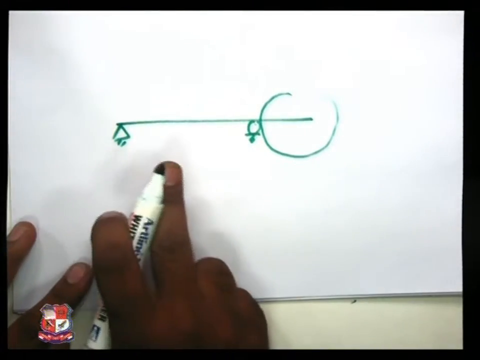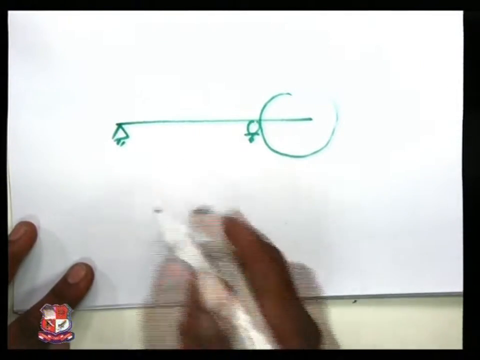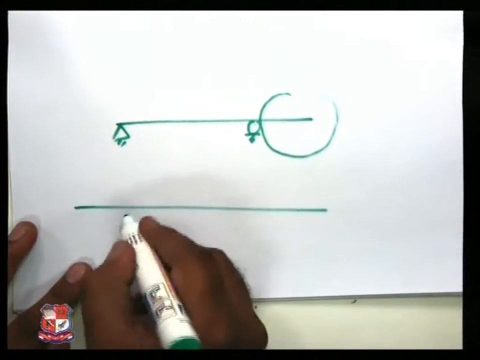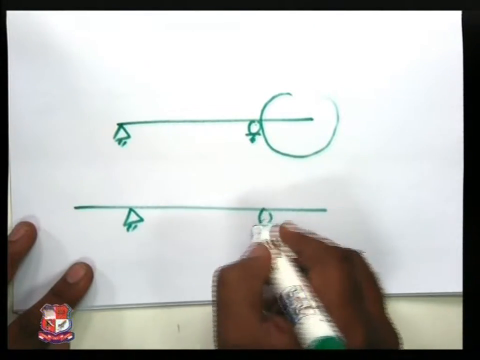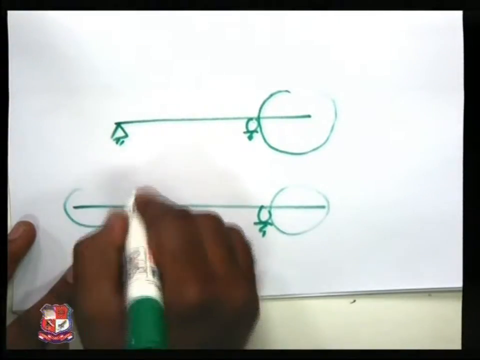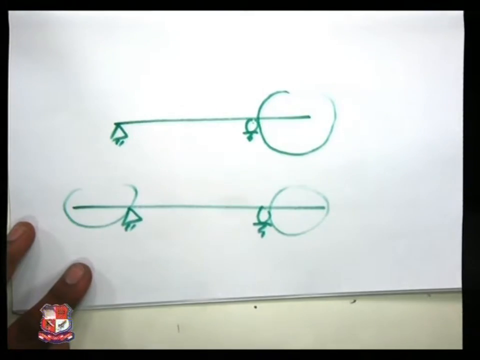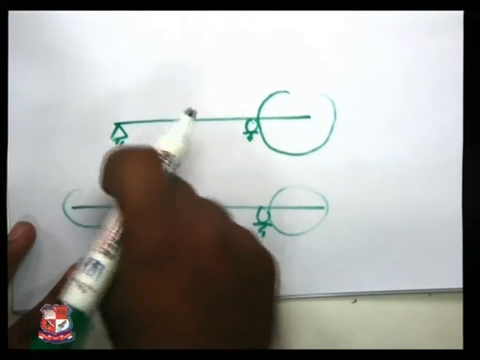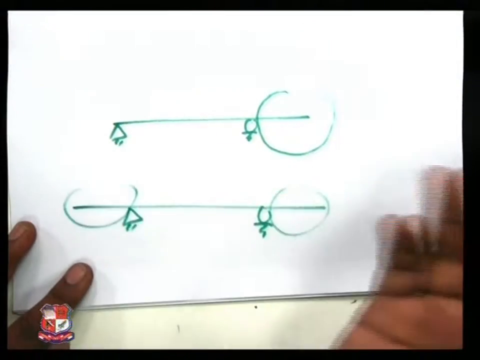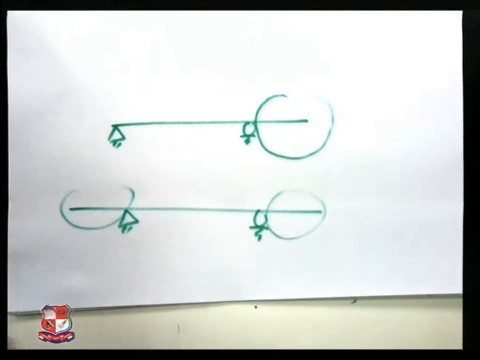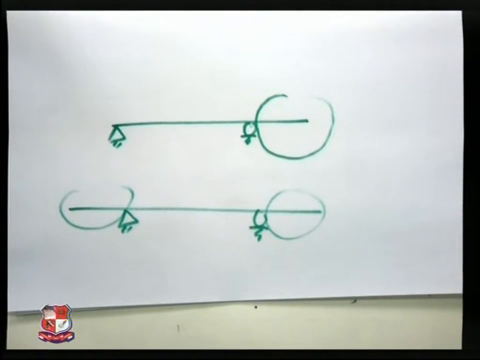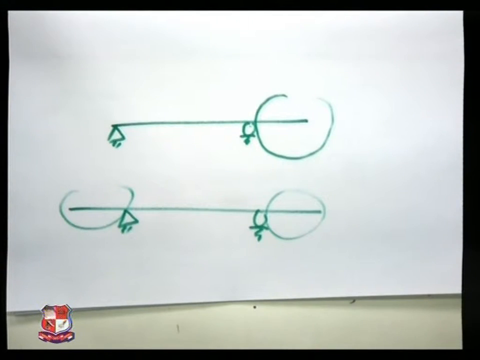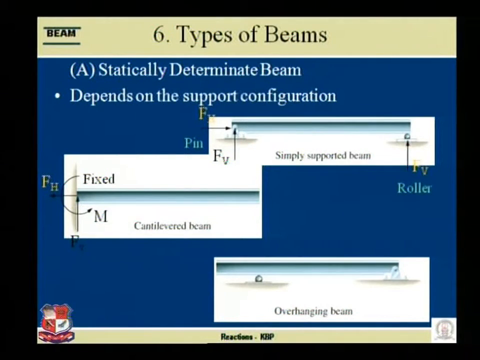This is known as one-way overhanging beam. This is known as two-way overhanging beam. Here the unknowns are 3 only. We can determine with the help of 3 equilibrium equations. So this is also a statically determinate beam. So in your syllabus we have to study these 3 types of beams.